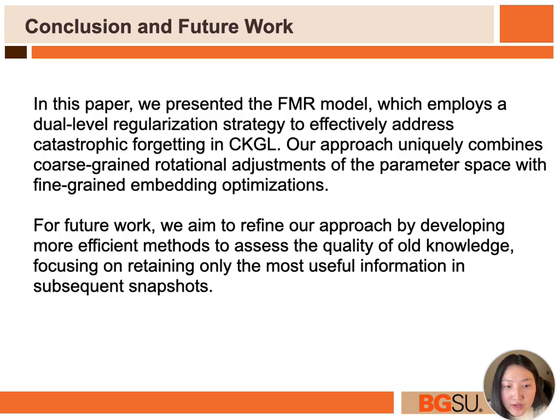For future work, we aim to refine our approach by developing more efficient methods to assess the quality of old knowledge, focusing on retaining only the most useful information in subsequent snapshots.